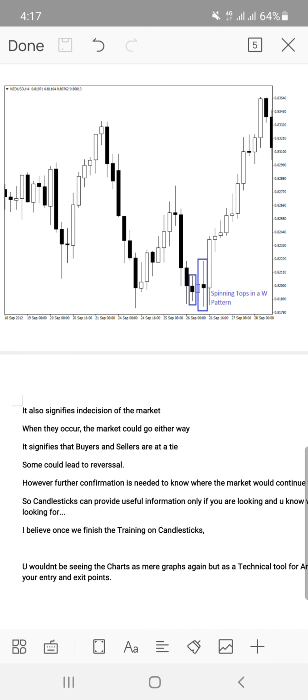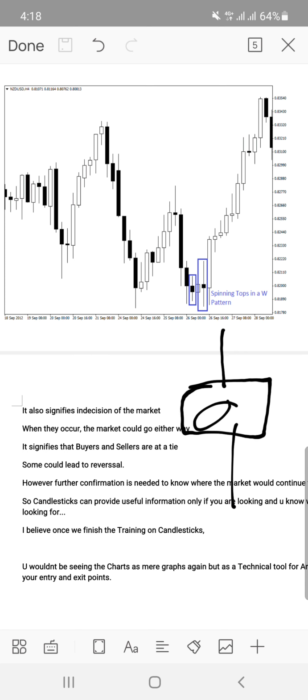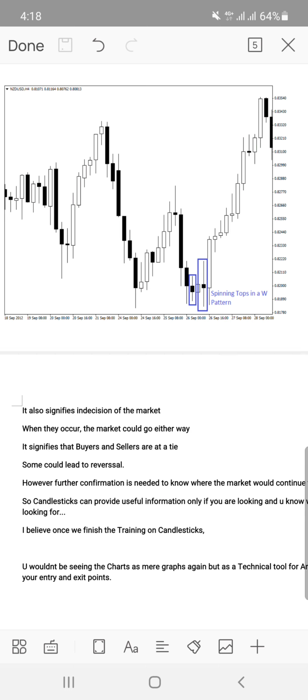The spinning top also signifies indecision. That is to say, neither the buyers nor the sellers are in control of the market yet. So when they occur, the market can go in any direction. It signifies that buyers and sellers are at a tie. Reason being, if both the upper and lower wick are the same size and the body is just there, it means both buyers and sellers are dragging the price and nobody's in control yet.